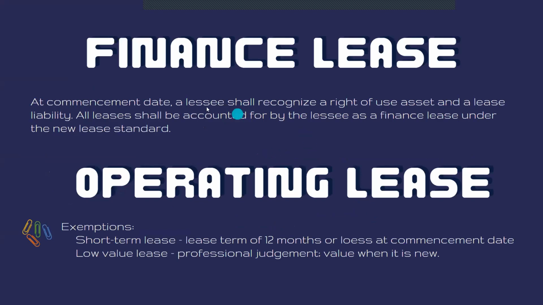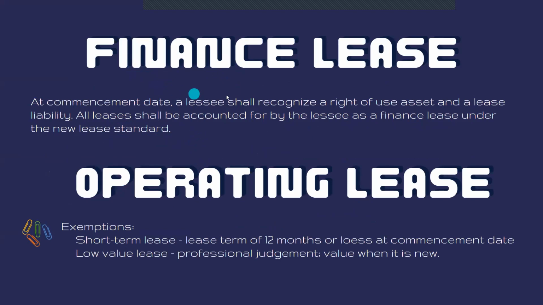Okay, so under PFRS 16, all lease should fall into finance lease. So this is the difference with other PFRS dati, yung old standard. Dati kasi nahati ang lease either finance or operating lease. Pero under PFRS 16, all leases shall be accounted for by the lessee as a finance lease under the new lease standard.